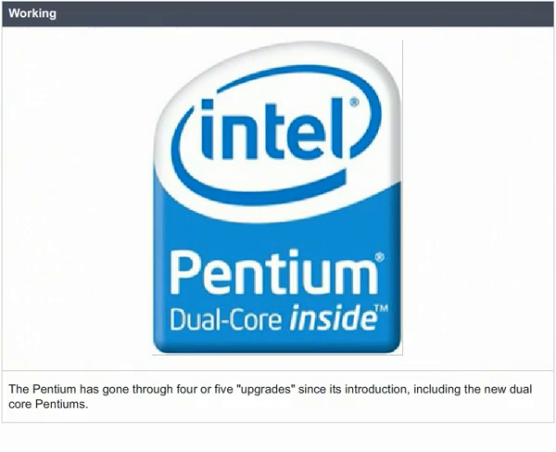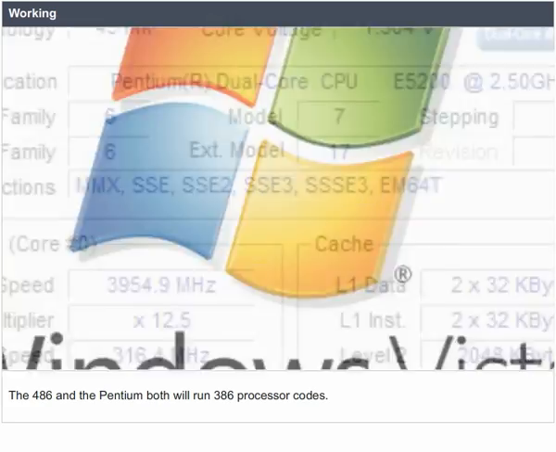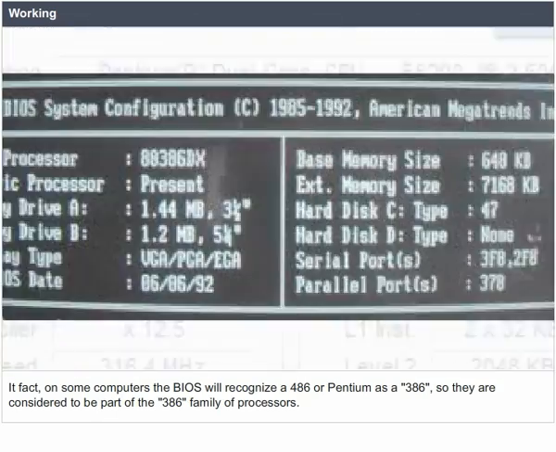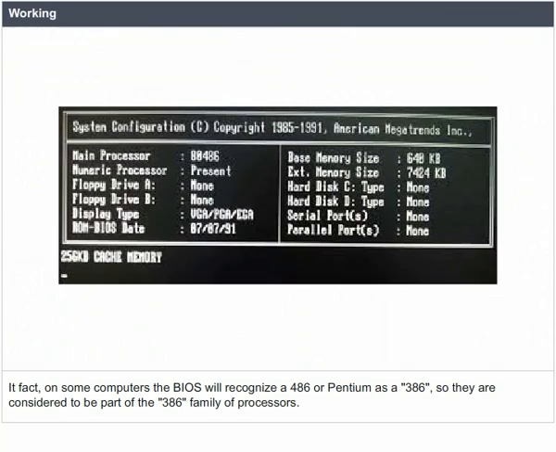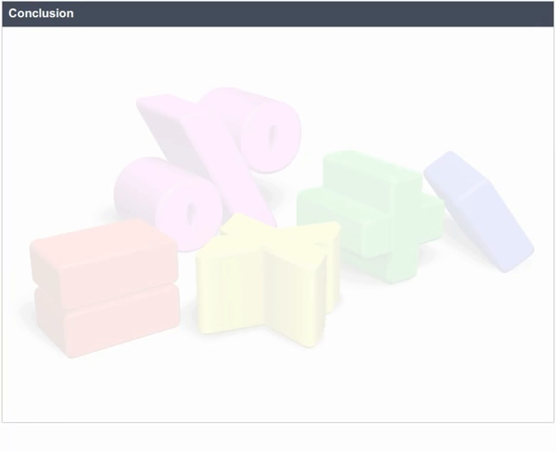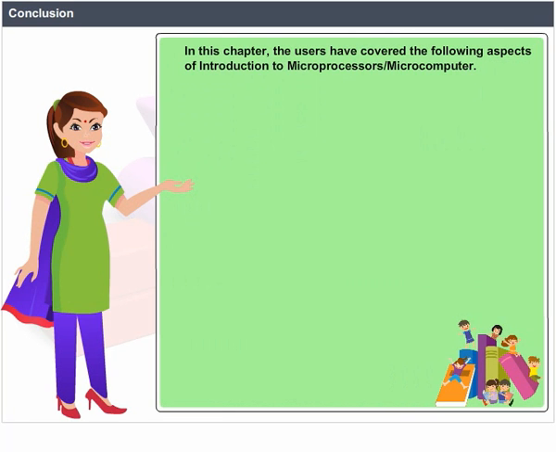Conclusion. In this chapter, the users have covered the following aspects of introduction to microprocessors and microcomputers.